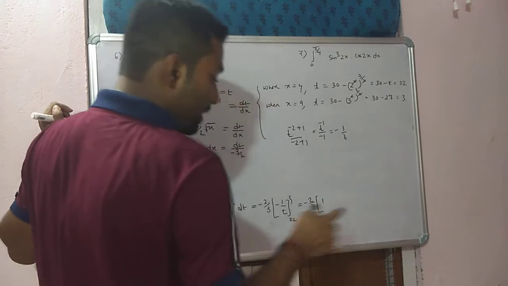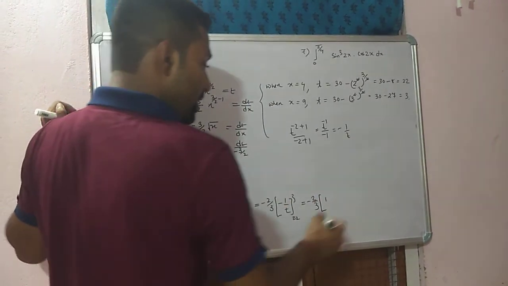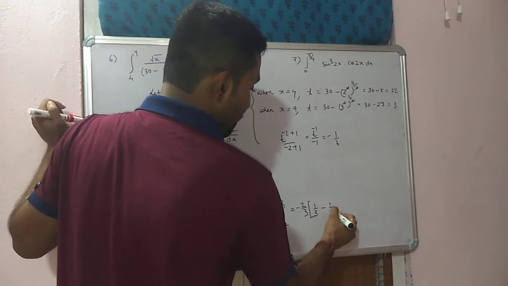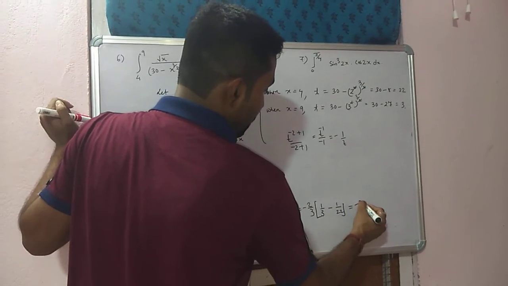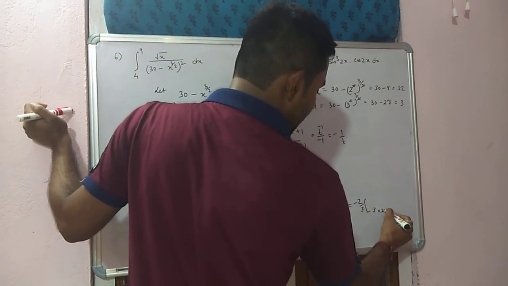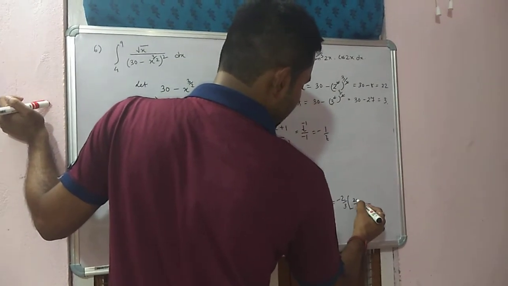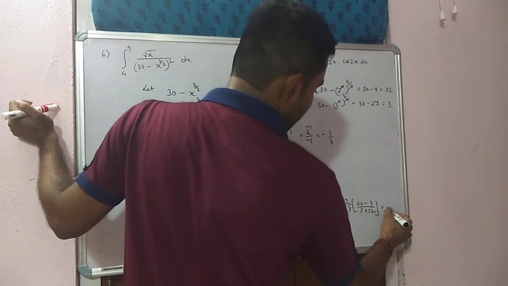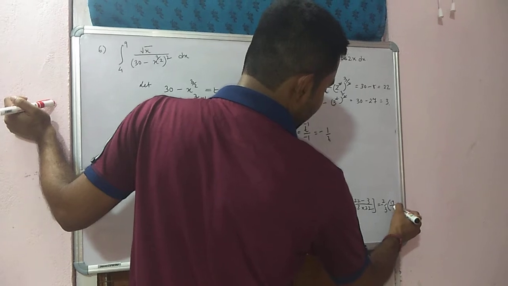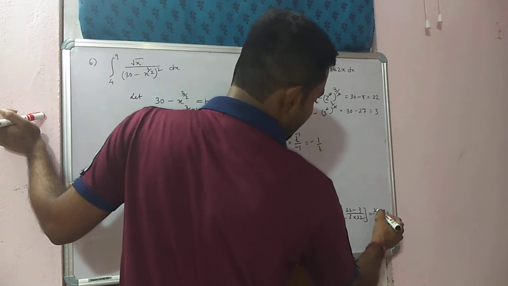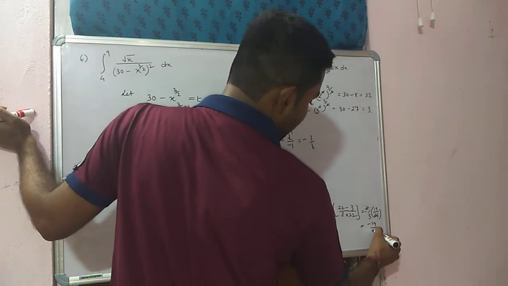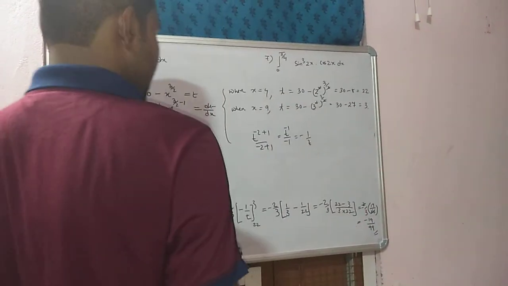Now put the limits. First the upper limit: the upper limit is 3, so minus 1 by 3, minus the lower limit 22, 1 by 22. So minus 2 by 3 times the bracket. Taking the LCM, that is minus 2 by 3 into 19 by 66, or if you want to eliminate, you can cancel also, that is minus 19 by 99, which is the required answer.